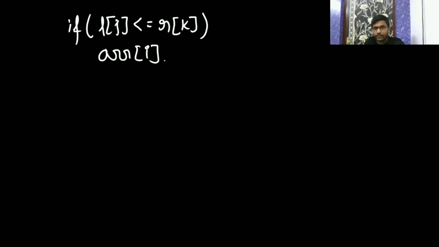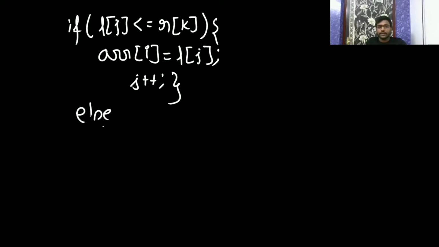So in array of i I will store the left array element, and then I will increment j plus plus. Else part means this is not smaller, then what will I do? I will store in the array the element that is present in the right array, and I will increment k plus plus.